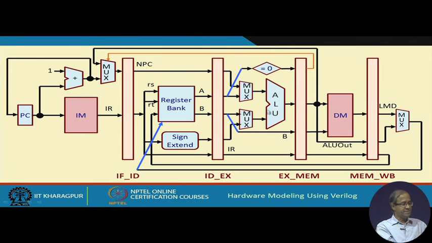In EX, this A is selected, B is selected, they are added, result will be stored in ALU out. For memory it does nothing, ALU out is simply forwarded, and for WB this ALU out will be written back into the register bank, and this IR will contain which register number. You see this is the simple data path that we have shown.